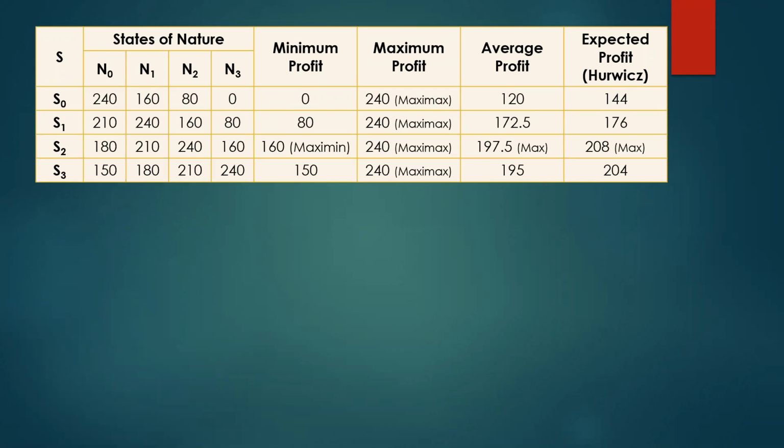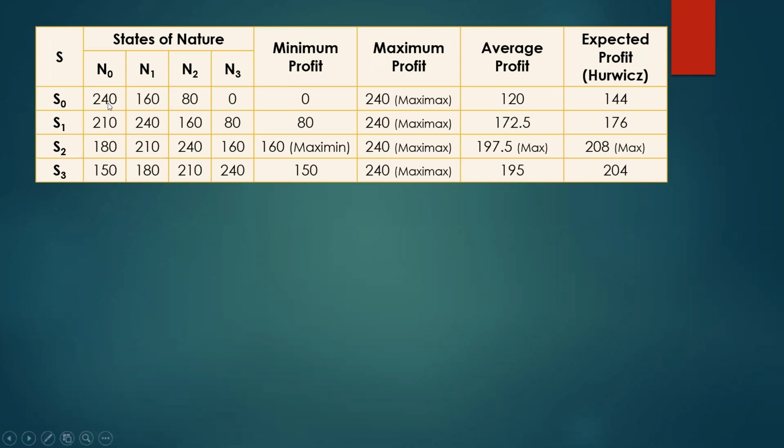Now, for finding the expected profit, we have to make use of the Hurwitz criteria. So your expected profit is based on the optimistic value of alpha. The alpha value is given as 60%, or you can call it 0.6. So 1 minus alpha will be 0.4. What is the formula here for Hurwitz?